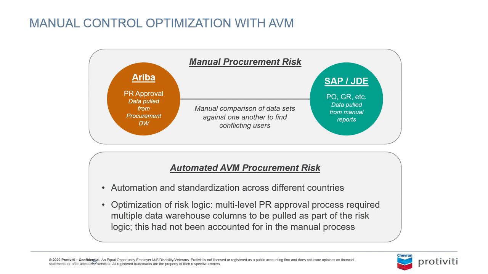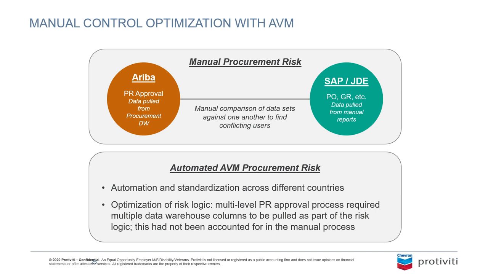So we've touched on Ariba and then SAP and JDE at this point. There were several risks in Chevron's SoD rule set that involved the creation of the purchase requisition in the Ariba system. Again, that's their procurement system. And then the downstream P2P activities after the requisition took place in the associated ERP systems, SAP and JDE.